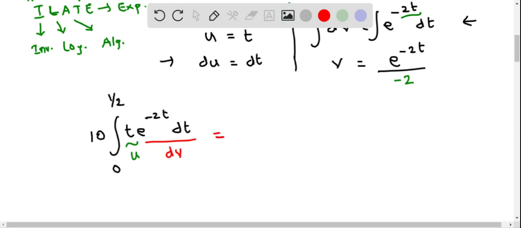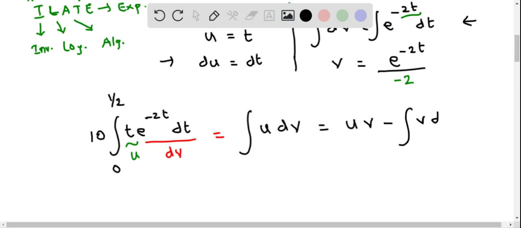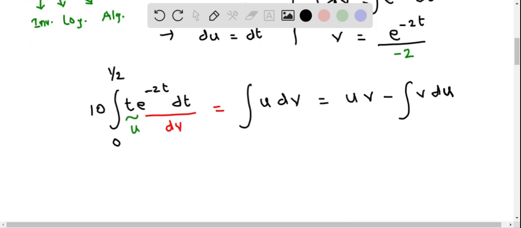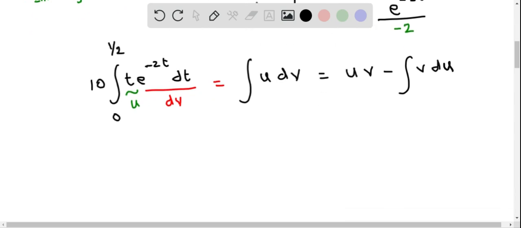This means we can apply the integration by parts rule, that is the integral of u dv equals uv minus the integral of v du. It is according to this form. Therefore we can apply this integration by parts formula.